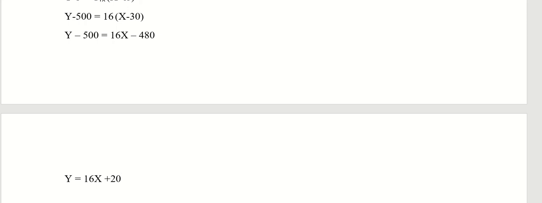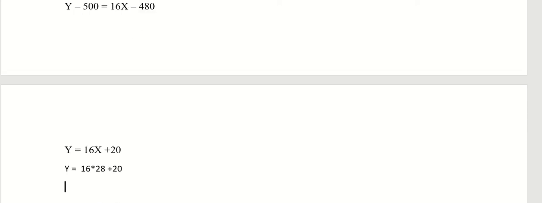Now you know the significance of calculating this equation. For example, this year rain is 28 centimeter. So y equals 16 into 28 plus 20. 16 into 28 is 448, plus 20, so the answer is 468.